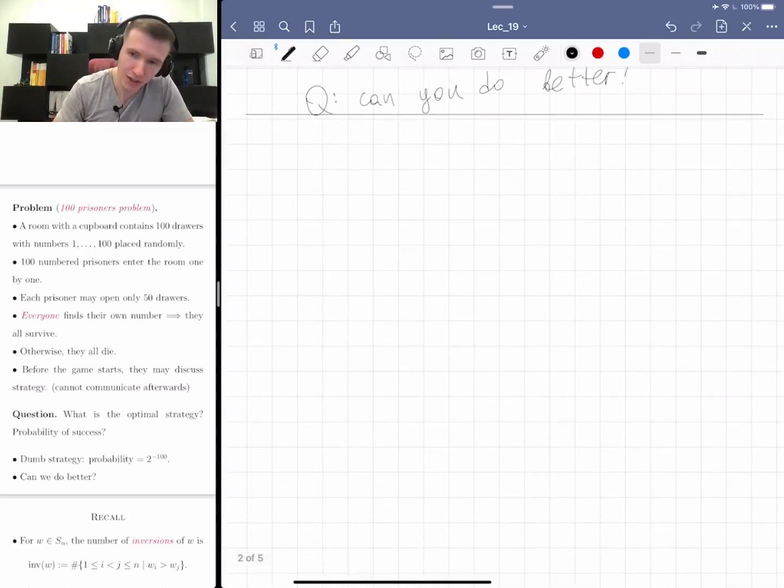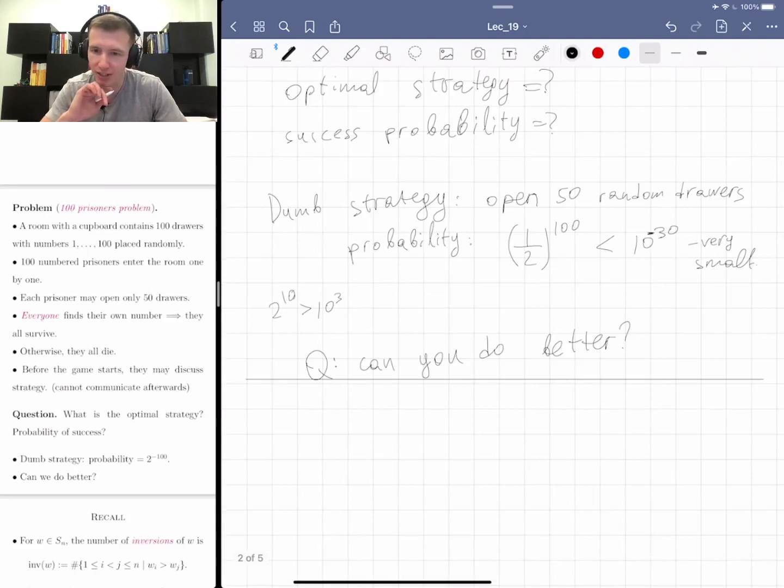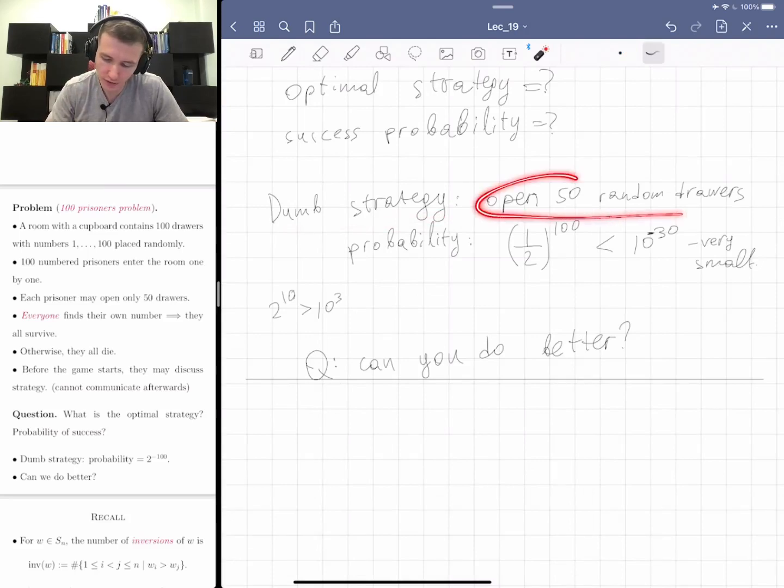So, are you going to explain the dumb strategy? Well, the explanation is you open 50 random drawers.